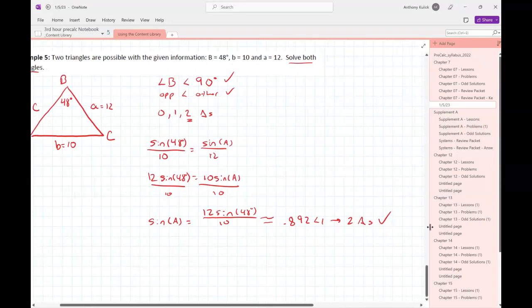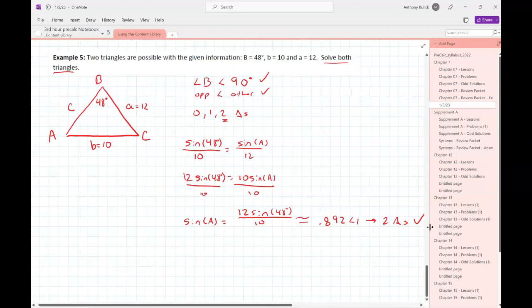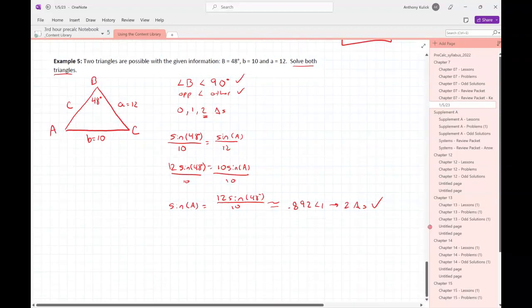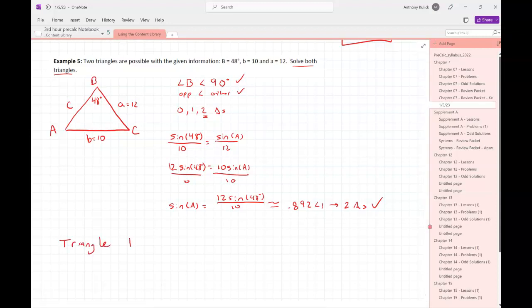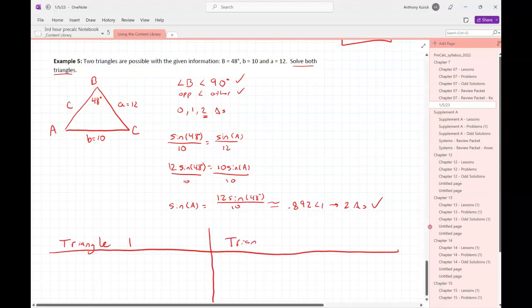All right. So what's going to become really important here is making sure that we're organizing our work. So I'm going to do a nice job of separating the work that I'm about to do.